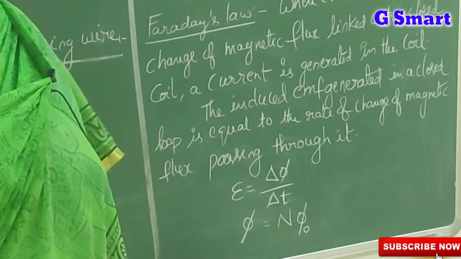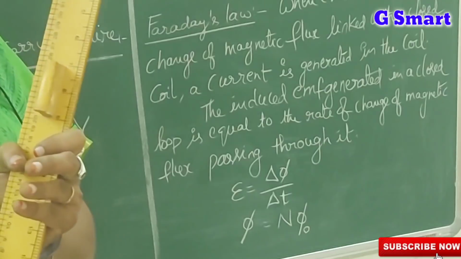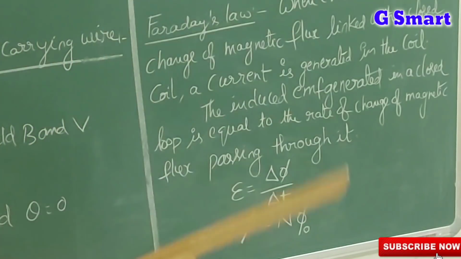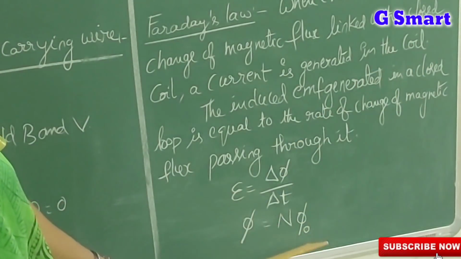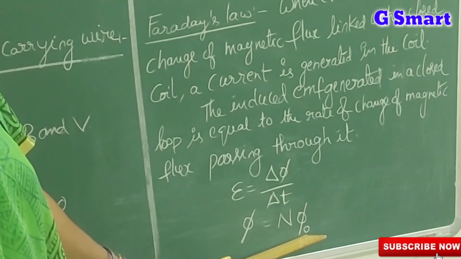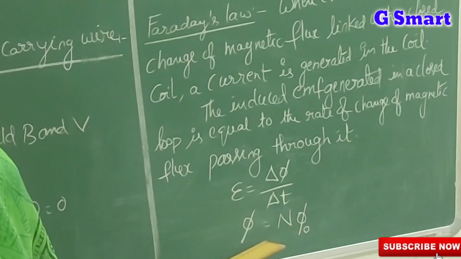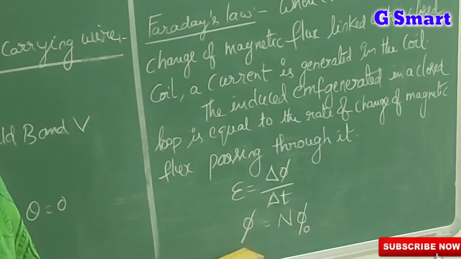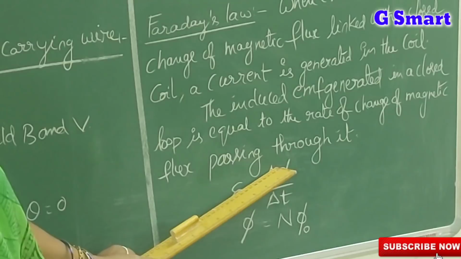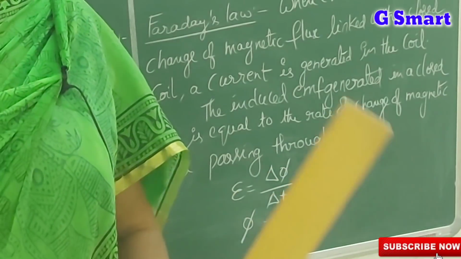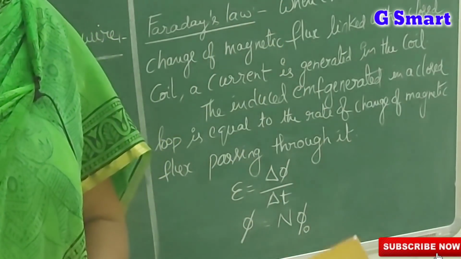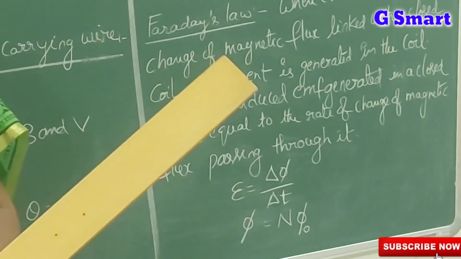Phi naught is the flux for one turn, and a coil has a number of turns. N is the number of turns in the coil, so N phi naught gives you phi. Then you substitute this into the formula and you can identify how much EMF is generated in the coil.